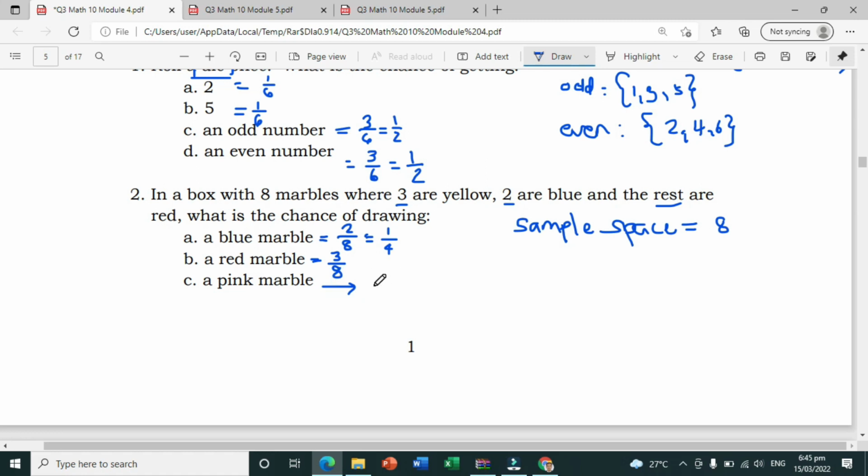While for pink marble, out of 8, how many are pink? Is there any pink there? Okay, none. So, therefore, our numerator is 0. So, 0 divided by 8 is equal to 0. So, these are the answers to number 2, letters A, B, and C.